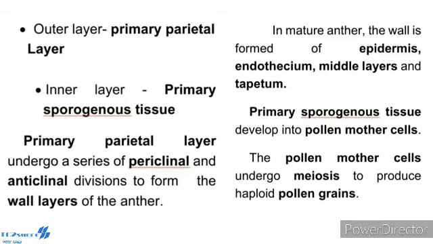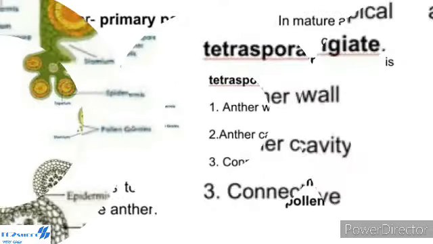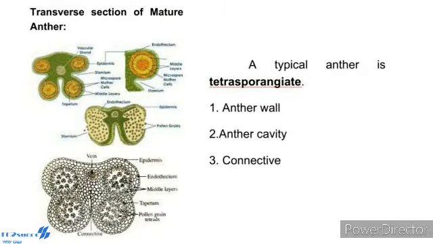The cells of the primary parietal layer undergo a series of periclinal and anticlinal divisions to form the wall layers of the anther.